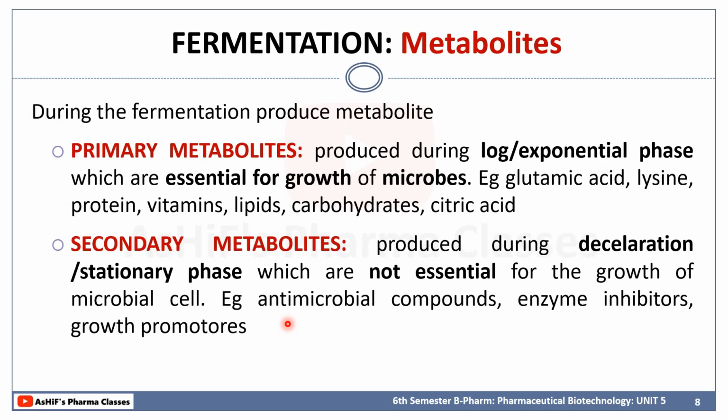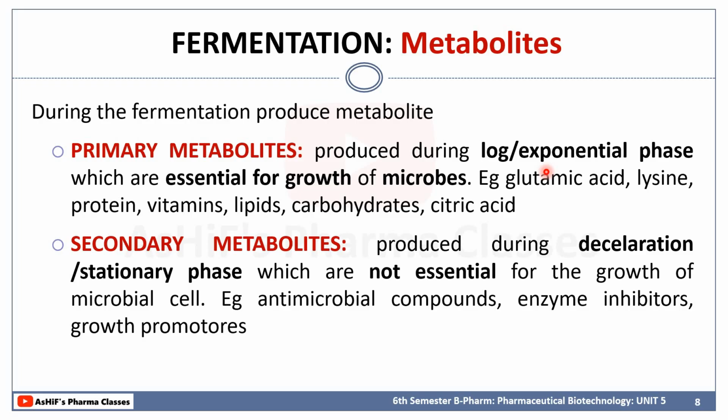Now, this is the metabolites. During the fermentation process, the microorganism will grow in the culture media, and it will produce two types of metabolites, that is primary metabolites and secondary metabolites. Usually the primary metabolites are produced during the log or exponential phase. We had discussed the growth curve of bacteria: there is a lag phase, log phase, exponential phase and decline phase.